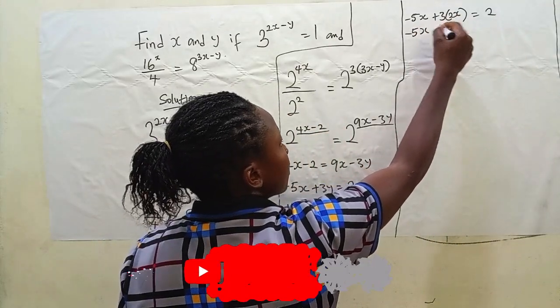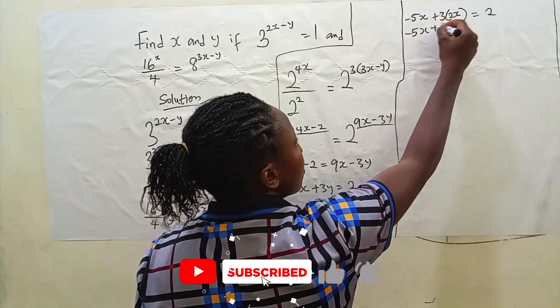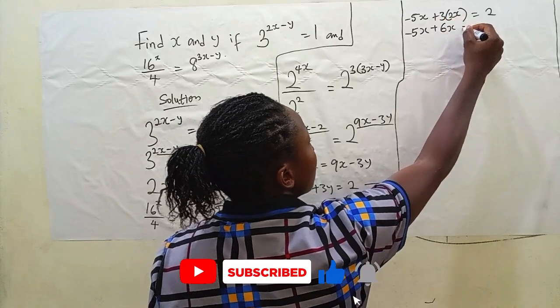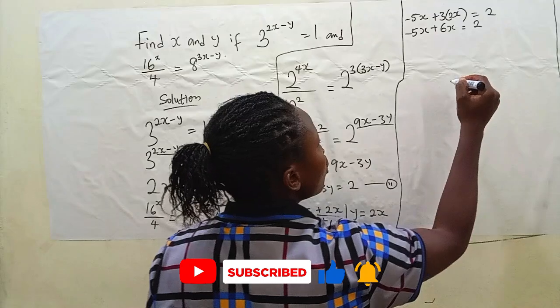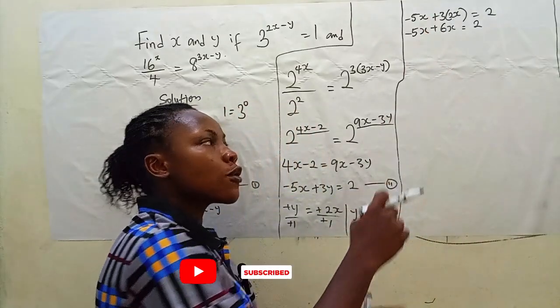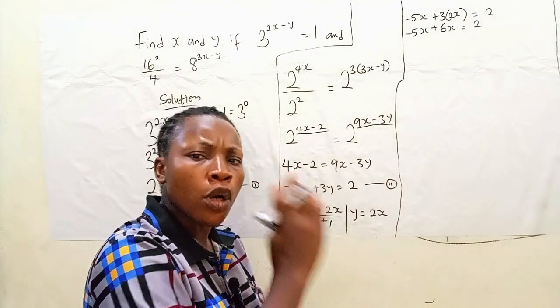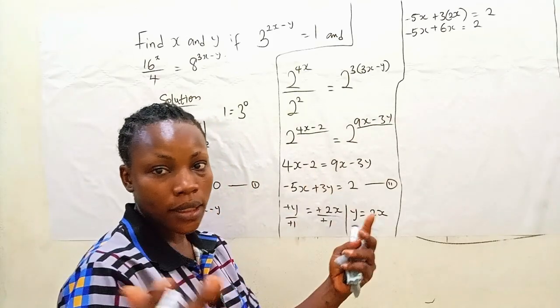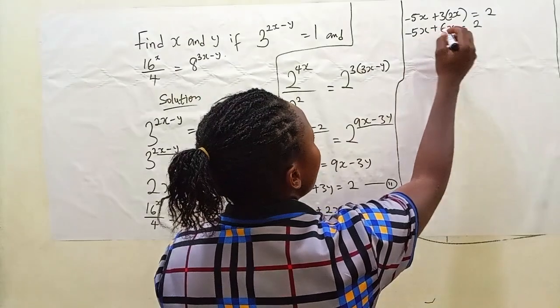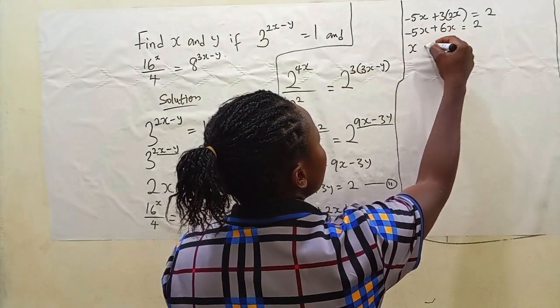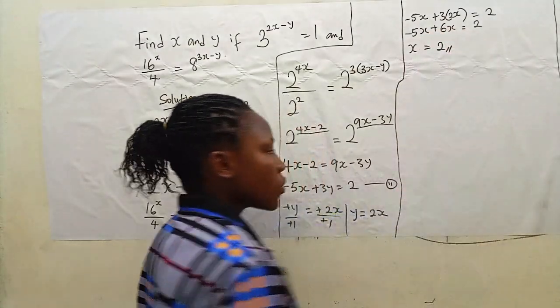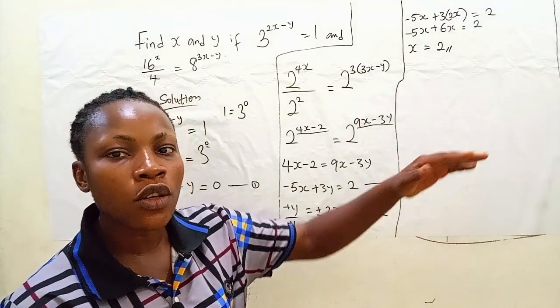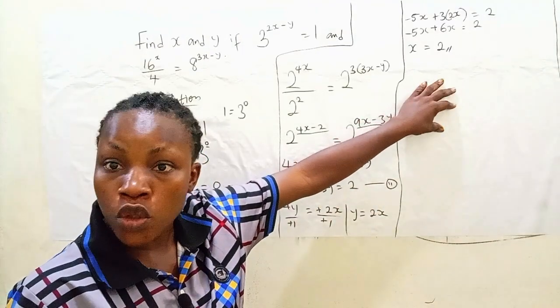Minus 5x, this times this, plus 6x equals to 2. Minus 5x plus 6x is going to give us x, that is 1x. So we're going to have x equals to 2. All right, we have gotten the value of our x as 2.